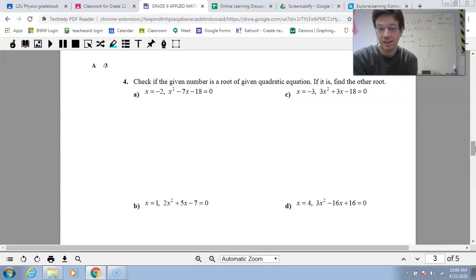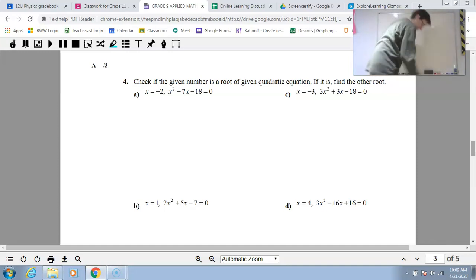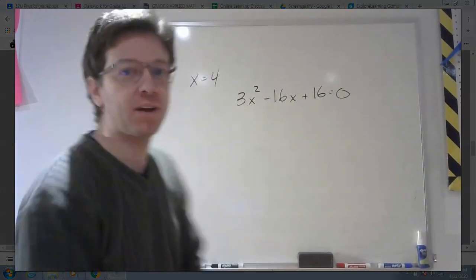All right, let's look at D. D says, figure out if x equals 4 is a root of this quadratic equation: 3x squared minus 16x plus 16 equals 0. And if it is, then find the other root. Let's make this big.